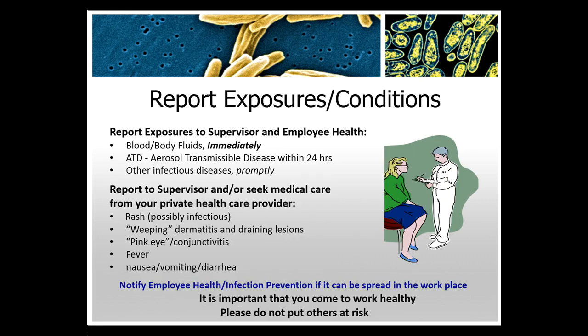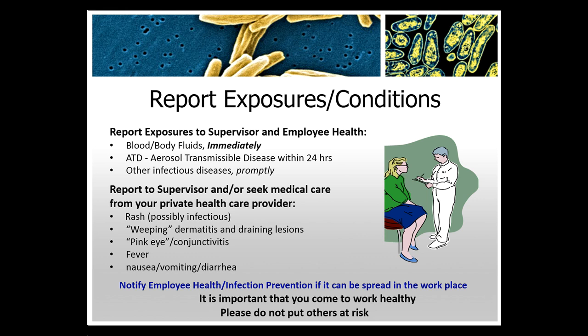If you are exposed to blood and body fluids, you need to report immediately to your supervisor and then to employee health. Aerosol transmissible diseases should be reported within 24 hours. You should report to your supervisor promptly. Supervisor should report to employee health as soon as possible, within 24 hours. Other infectious diseases should also be reported promptly.